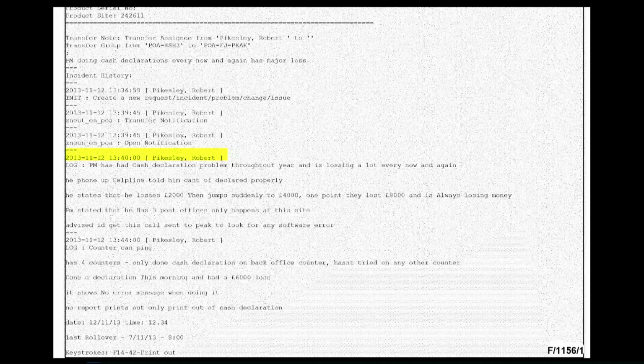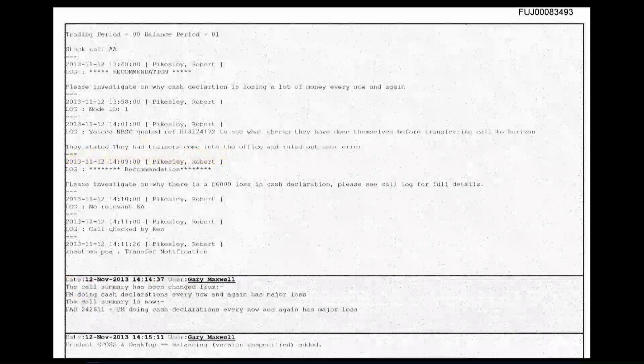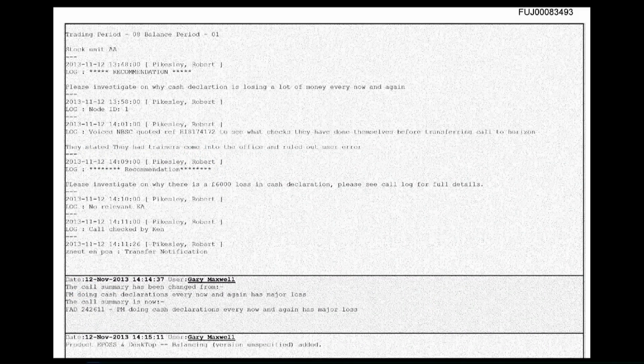Then if we go over to page 2, please, and look at the entry about 5 or 6 lines in at 140100. Thank you. "Voiced," I think that means made a voice call to NBSC, quoting a reference, "to see what checks they have done themselves before transferring call to Horizon.